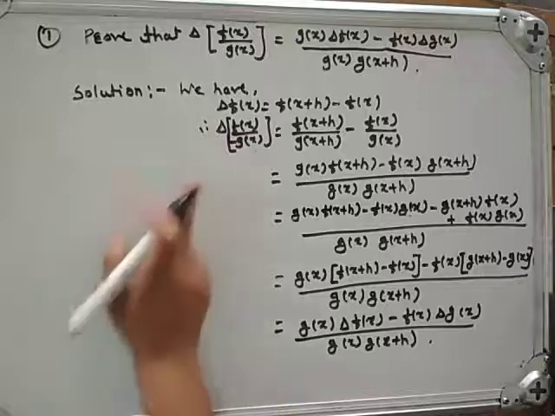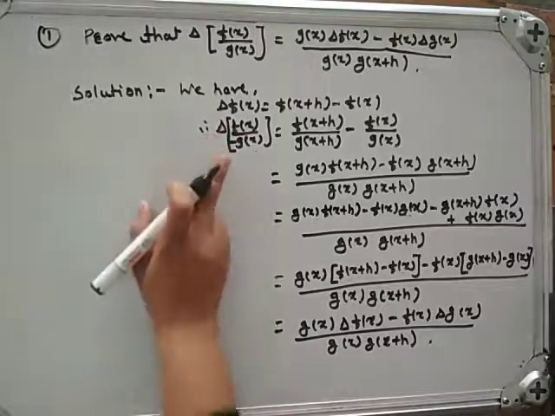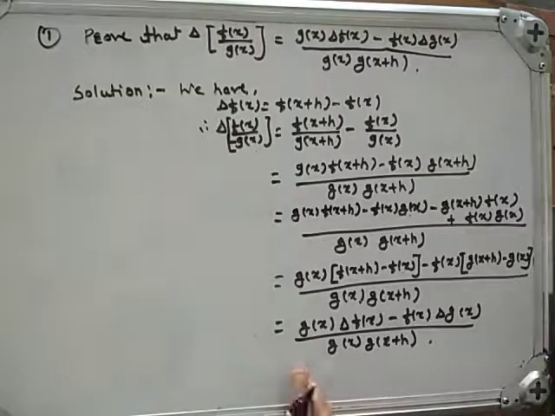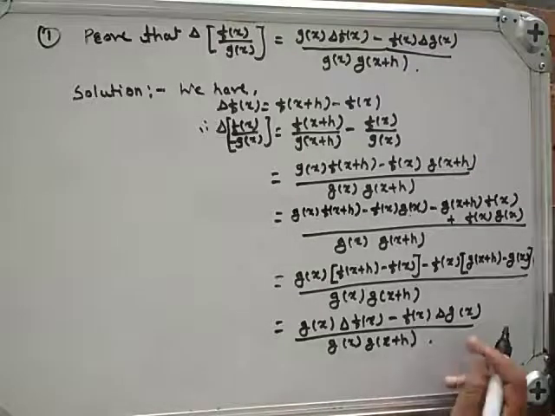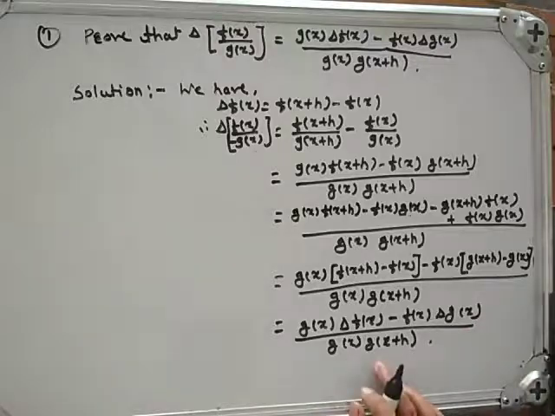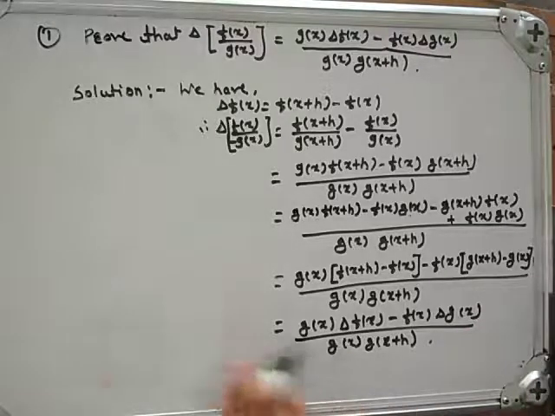Hence, we have proved that delta of f of x upon g of x is equal to g of x into delta f of x minus f of x into delta g of x upon g of x into g of x plus h.